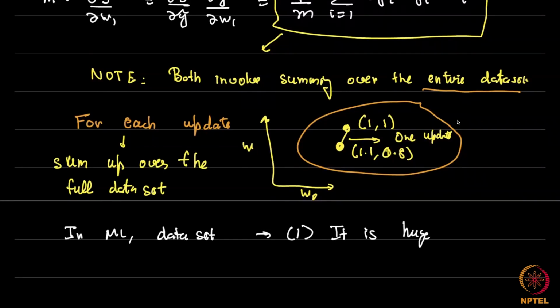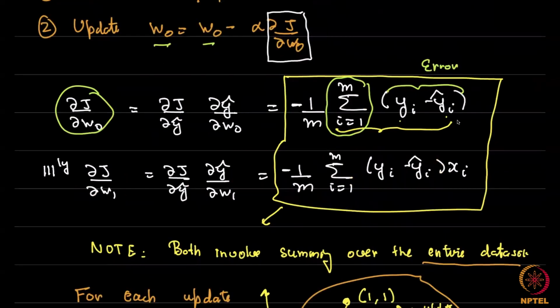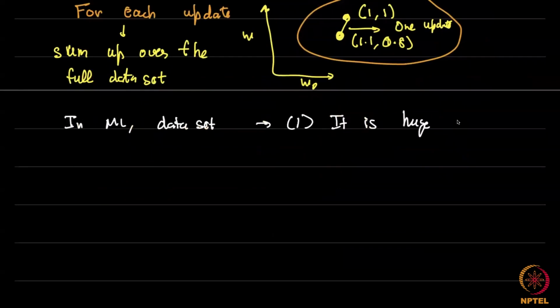So in some of the image data sets, you could have millions of images. So in case you make a prediction, you would actually have to do the summation over a million images before you make one small update. Now, we also saw earlier on that with iterative methods, you might not converge in just one update. You might require like millions of updates. So this becomes really expensive. Second, data set could be dynamic.